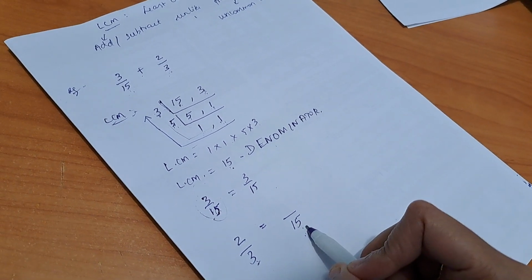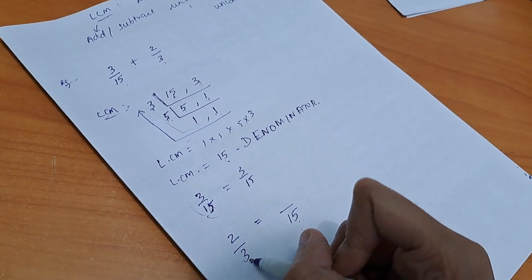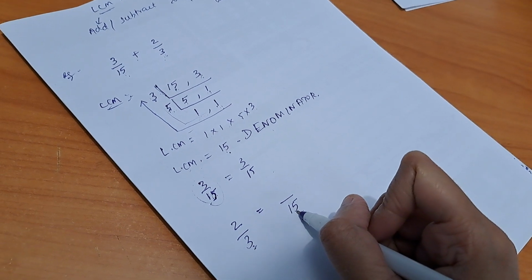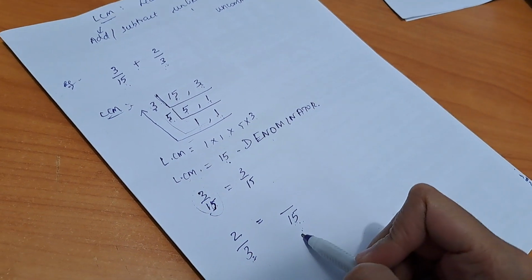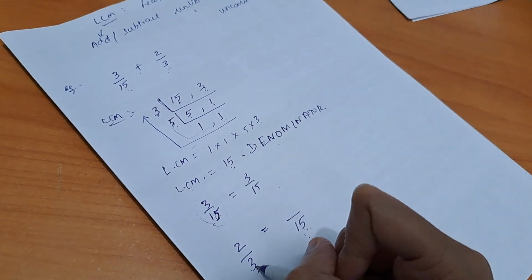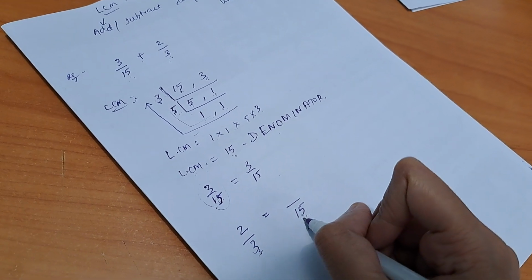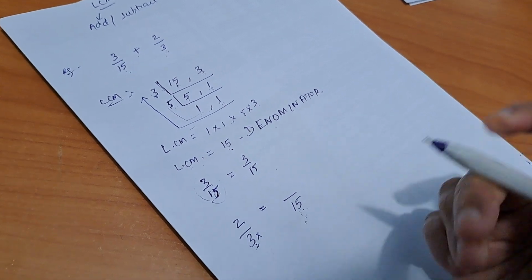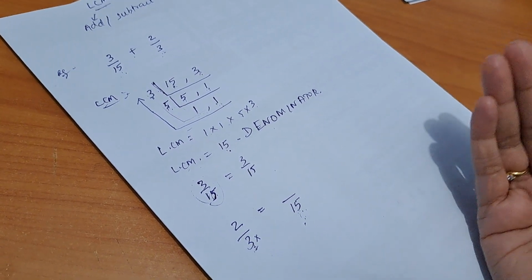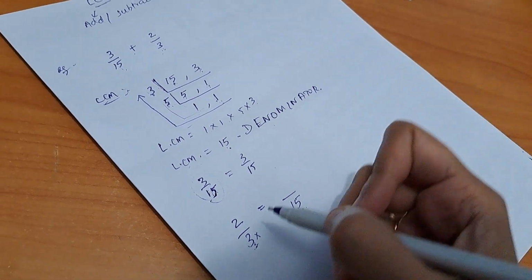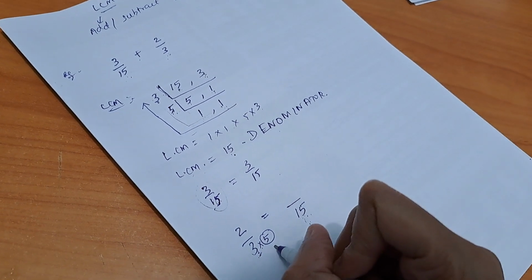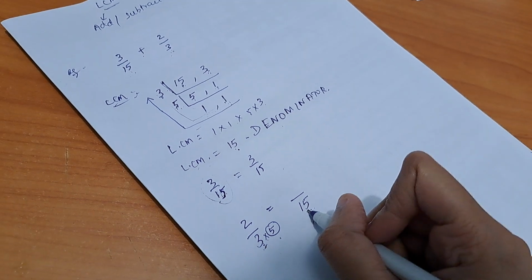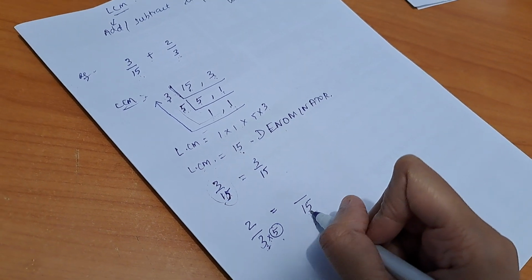How can I convert that? 15 appears in the 3 table. That is how we arrived at the LCM. So how many times should I multiply 3 to arrive at 15? 3 ones are 3, 3 twos are 6, 3 threes are 9, 4 threes are 12, 5 threes are 15. So if I multiply by 5, I am going to get my LCM as the denominator.